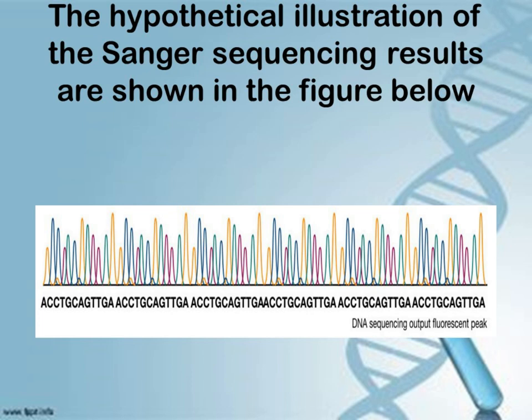In this diagram you can see different colors of fluorescence, where yellow, blue, green, orange, purple, all the kinds of fluorescence which we have already tagged in the desired sequence, are shown in this figure.